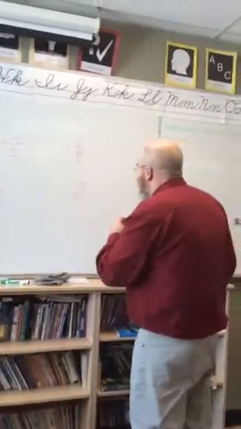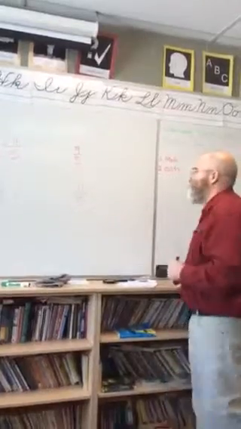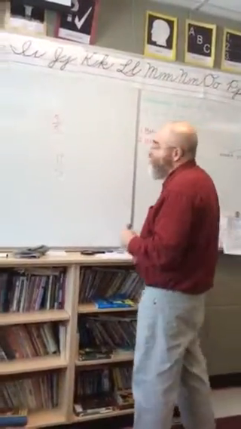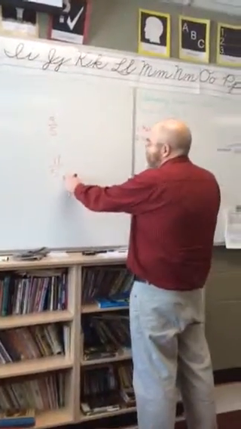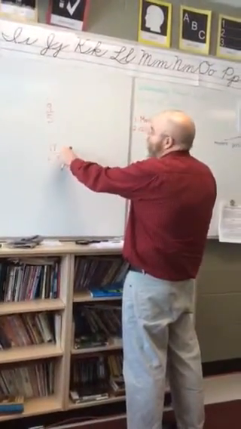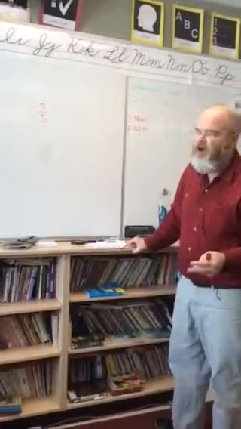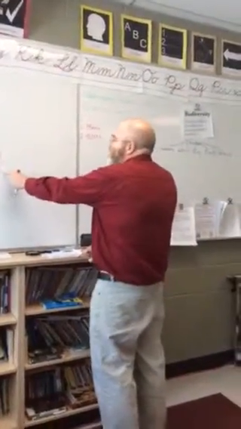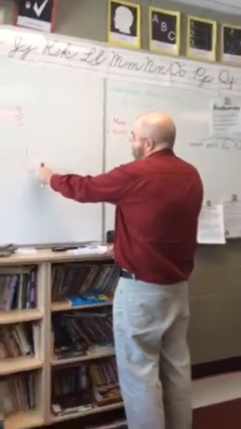So how do we change an improper fraction into a mixed number? We see how many times the bottom number, the denominator, goes into the numerator. How many times can we divide the bottom number into the top number? So we go 5, 10, 15.